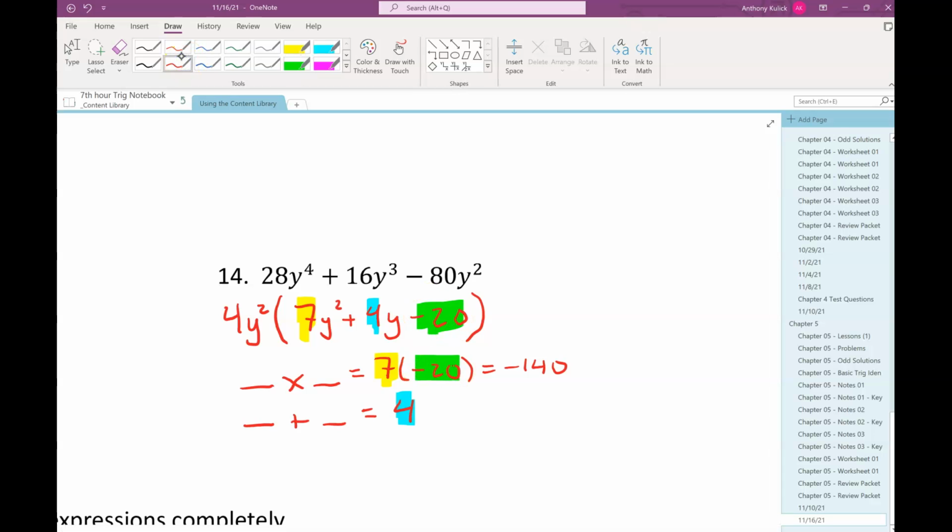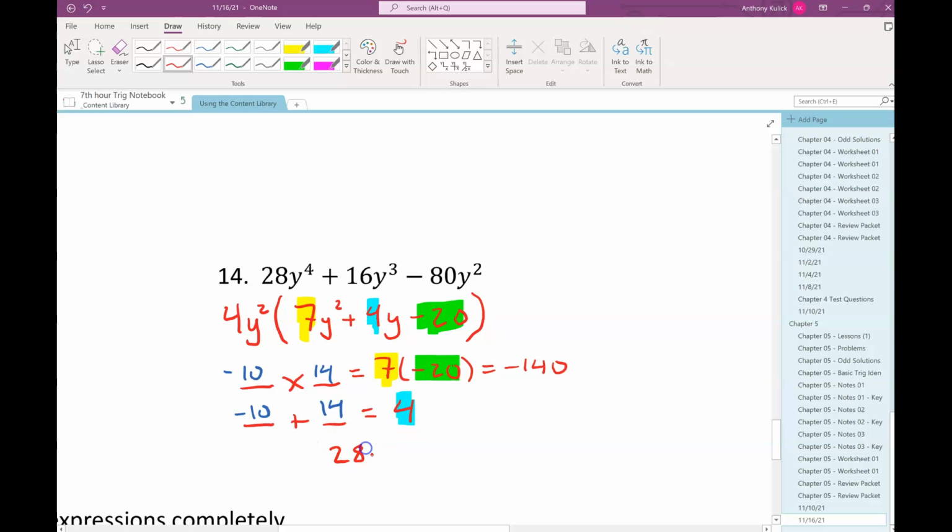Great. So Rami's identified that negative 10 times 14 multiplies to give us negative 140, and also adds to give us 4.